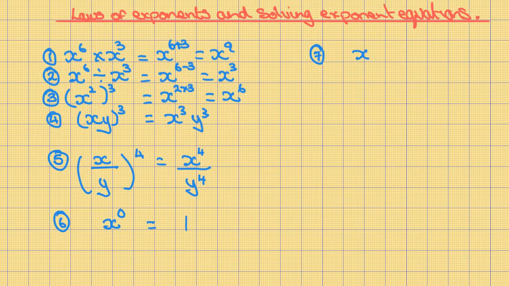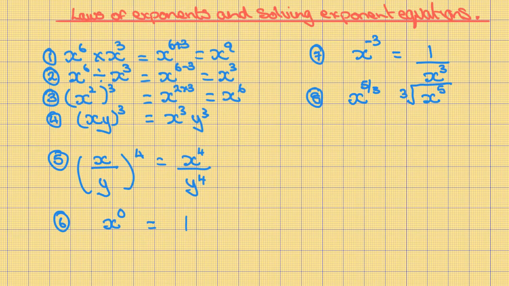X to a negative power, so x to the power of minus 3 is the same as 1 over x to the power of 3. So you take it from the numerator and it becomes the denominator and it changes to positive. And fractional: if you have x to the power of 5 over 3, the numerator is the power you raise x to, and the denominator is the root.